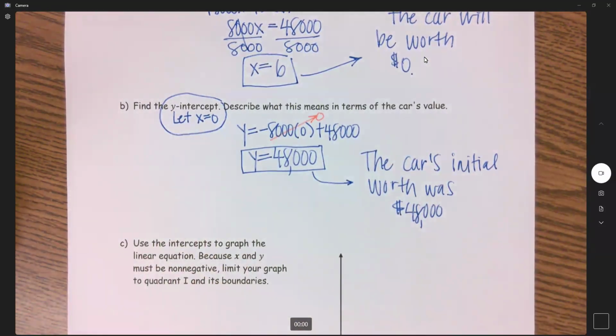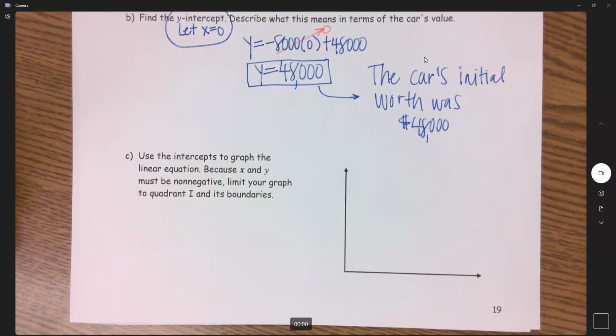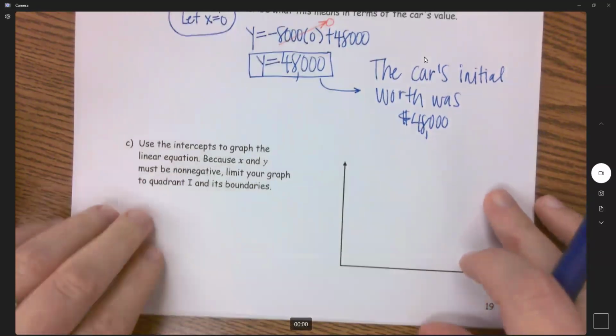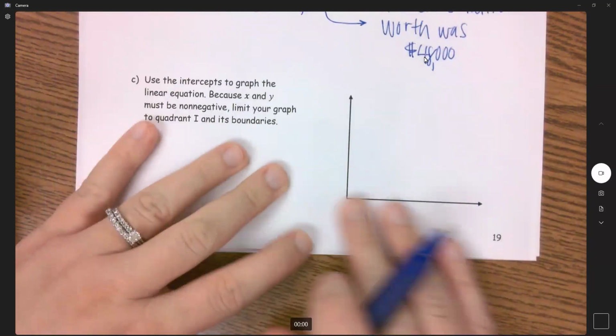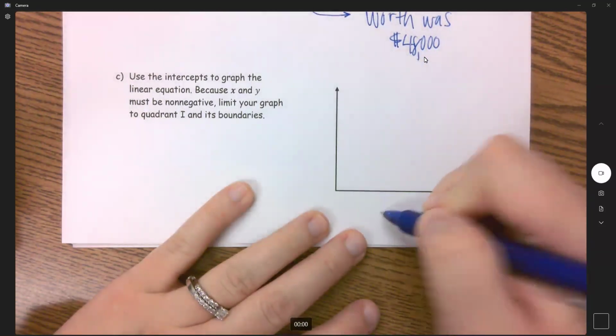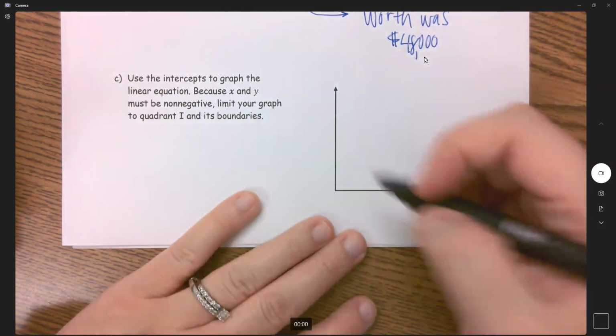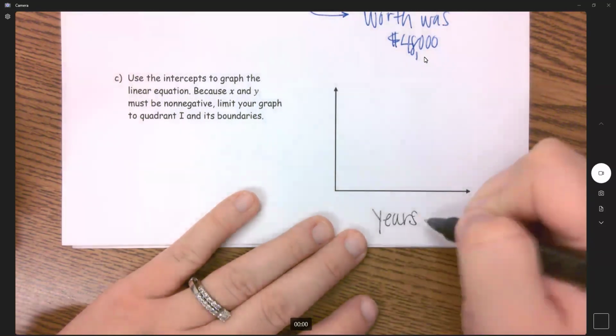Part C, use the intercepts to graph the linear equation. Because x and y must be non-negative, limit your graph to quadrant 1 and its boundaries. Okay, so my x is in years. So here is my x-axis in years. Let's go with the black right here. In years.